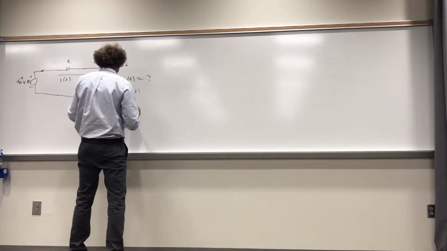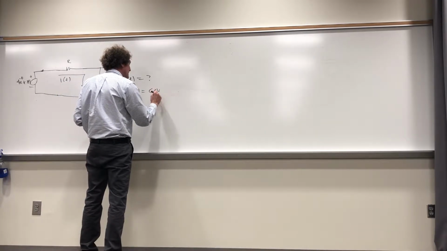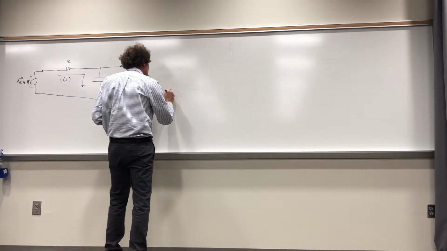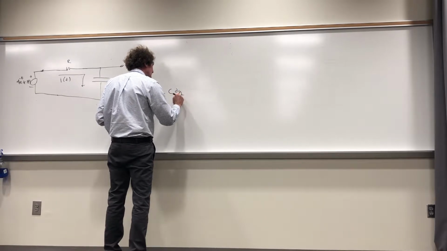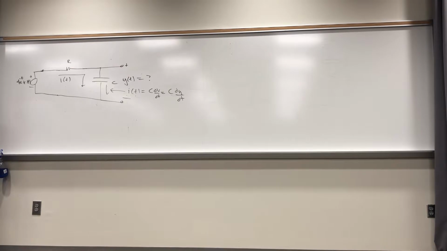So I can say I of t here through that capacitor is equal to C dV dt, but it's also equal to C times dy dt, because y is the thing I'm looking for, the output voltage. How many see that right there? Agree? You see it right there? I want to make sure. If you're not seeing something, don't be embarrassed, just yell. There's no dumb question except the one that's not asked here.